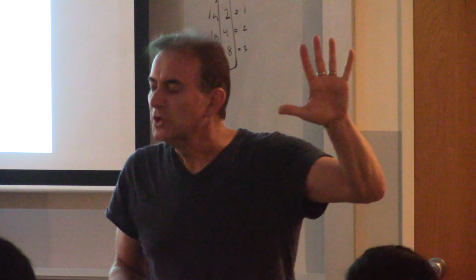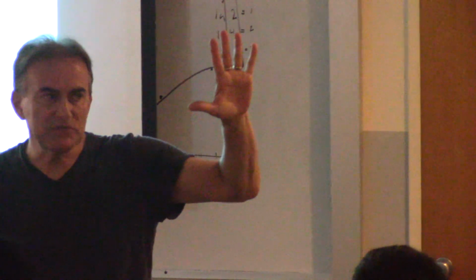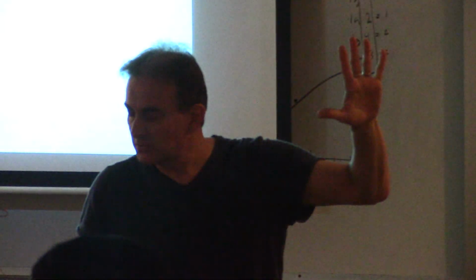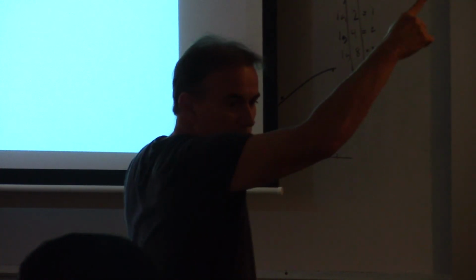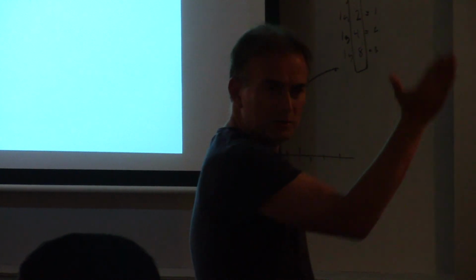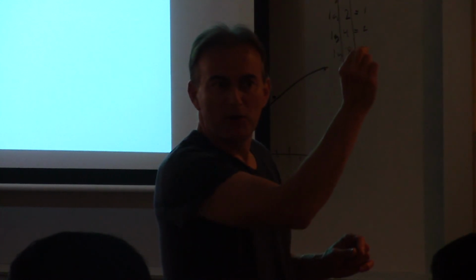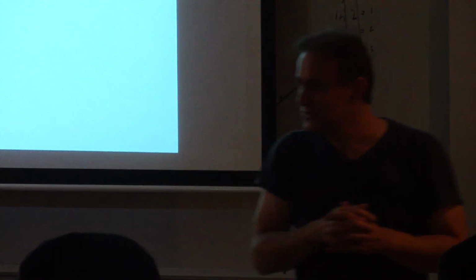What is 243? 243 is the slope of the tangent line of 3 to the x when x is equal to 5. That function is just going up like crazy. It's steep: it rises 243 units for a run of 1.